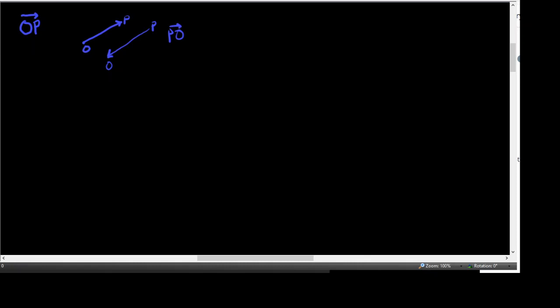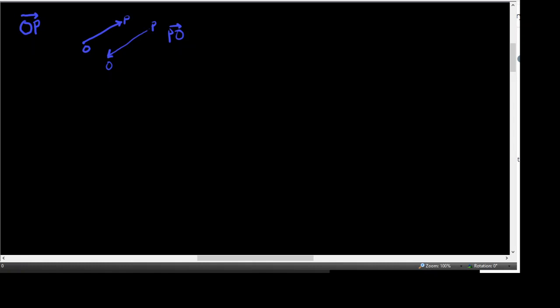So the order in which you write those letters is important. The first letter is always the initial point. The second letter is always the terminal point. They do have the same magnitude. That's what I was trying to draw. I think I made one of them a little bit longer than the other, but pretend like I was able to make those exactly the same length. And if they were exactly the same length, then you could say they have the same magnitude, but opposite directions.